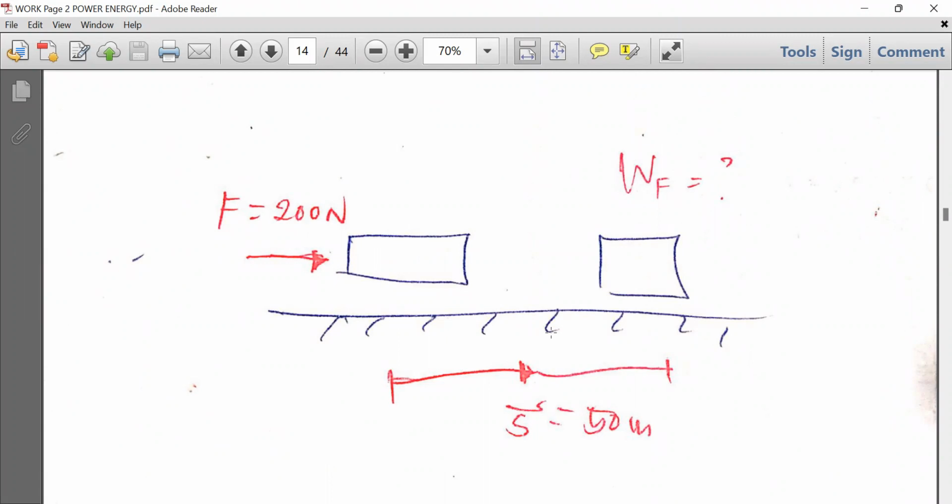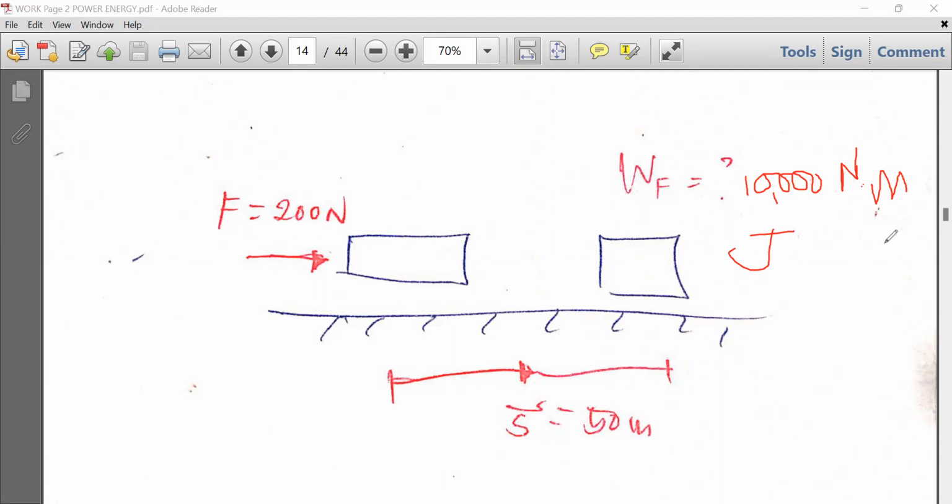So you just multiply F times S. 200 times 50 is 10,000 Newton meter, or 10,000 joules.